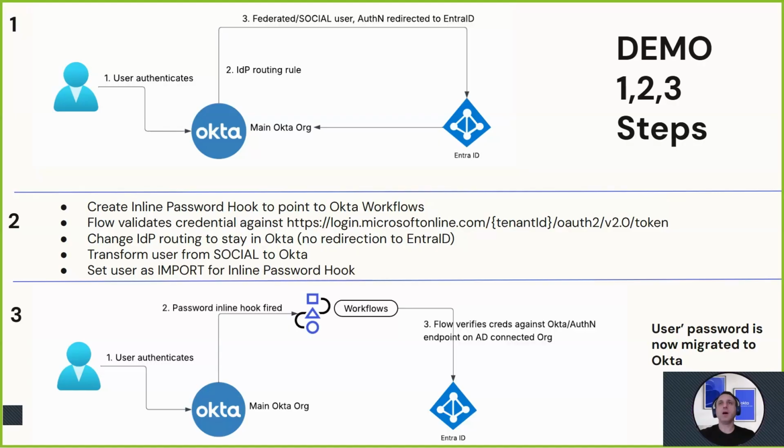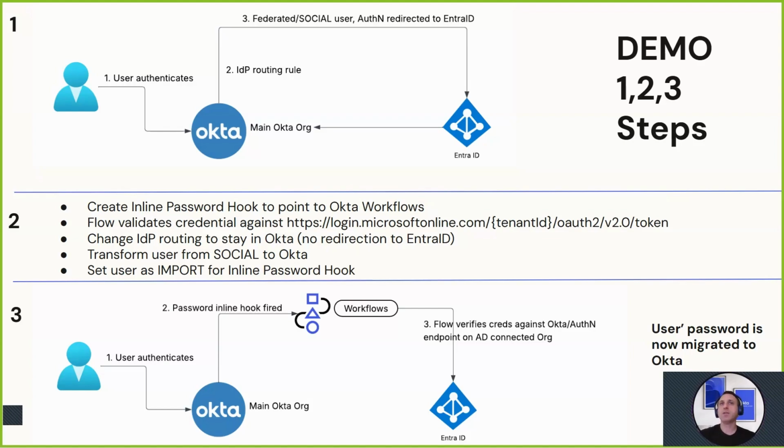The way we do it, so with password hook, we can configure a user to be in password hook mode, which means when the user tries to authenticate, Okta is going to make a call to an API, and that API will do the authentication for the user, returning a success or an error depending if the user was able to authenticate or not.